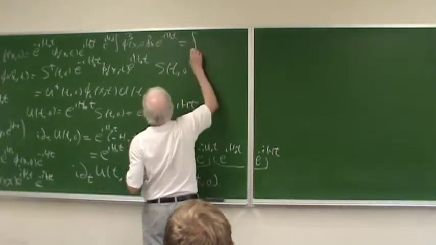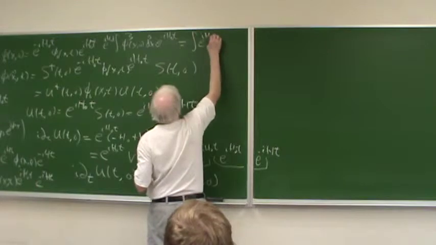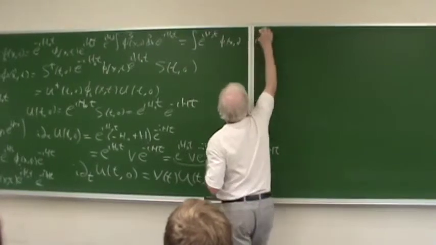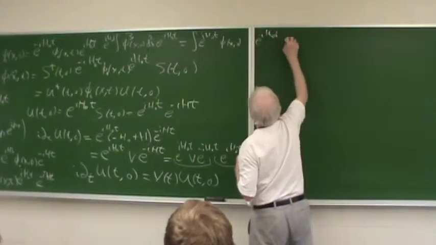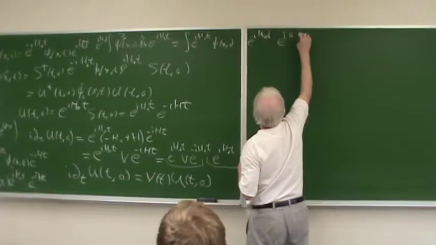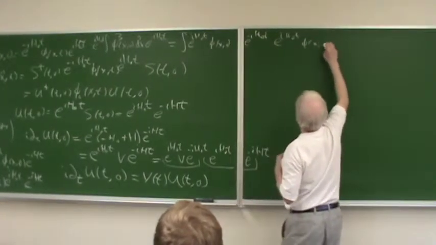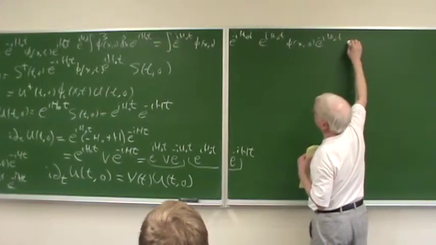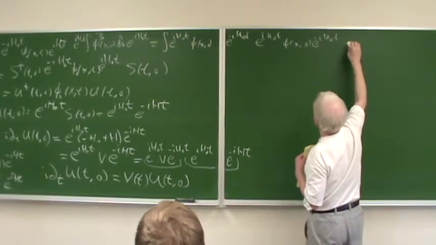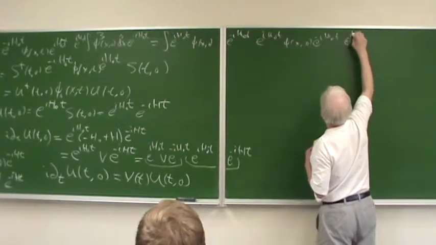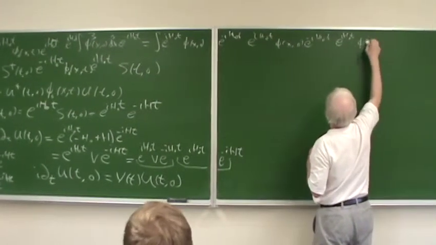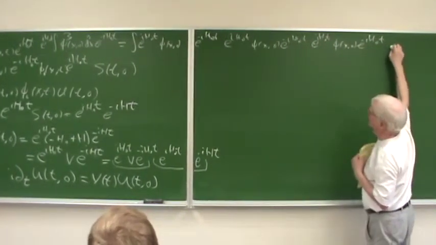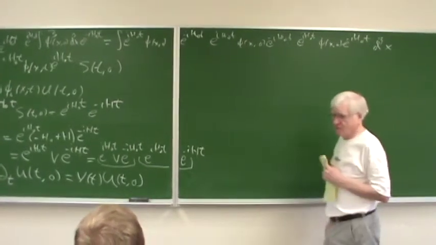What happens is that this is an integral of e to the i h0 t, phi of x and 0, e to the minus i h0 t, three times.